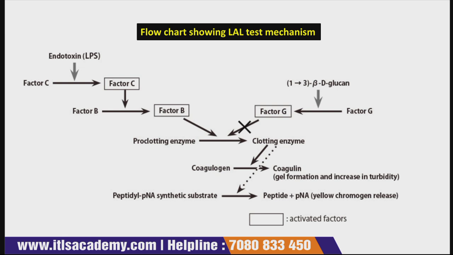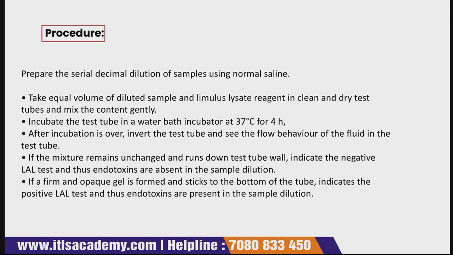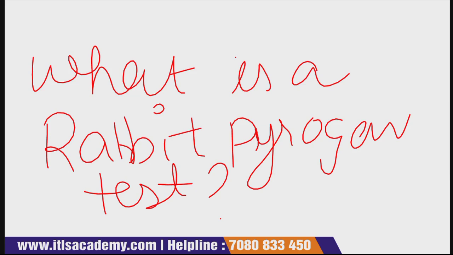We will discuss the LAL test mechanism in detail, and we have seen the material required to perform this test. This is the procedure, how this detection takes place, and this is the observation and result. So for more understanding, students, you have to perform this experiment in your respective laboratories, and at the end we have seen some important 3 questions that are always going to be asked in your interviews, in your viva, so you must be aware of all these 3 questions.